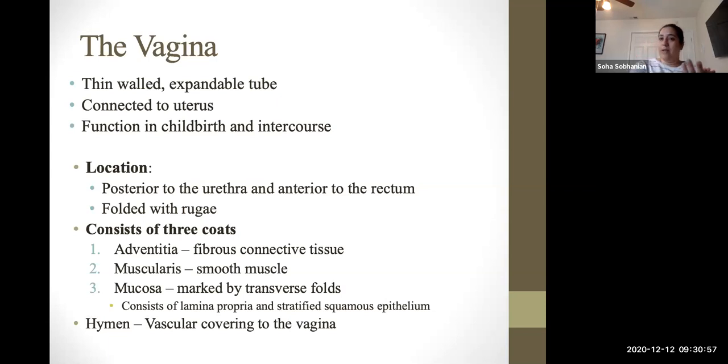So in short, the semen that gets released into the female body during intercourse is not going to change the environment of the vagina. Rather, it's going to protect the sperm from the acidic environment. Hopefully that makes sense. Okay.